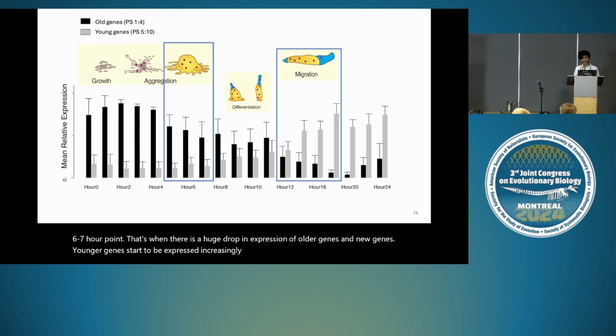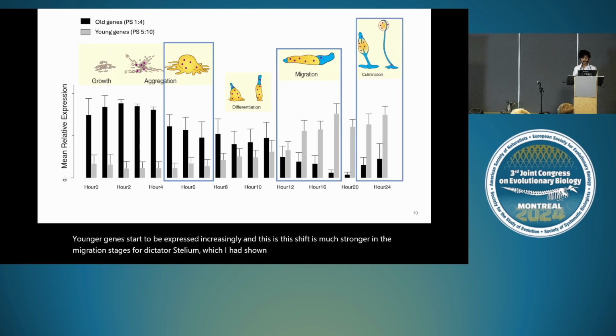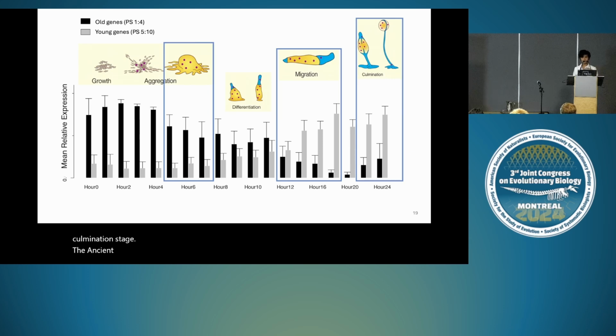This shift is much stronger in the migration stages for Dictyostelium, which I had shown earlier. And eventually, in the culmination stage, the ancient genes are not expressed as much, and it's primarily taxonomically restricted genes that you see as development progresses.